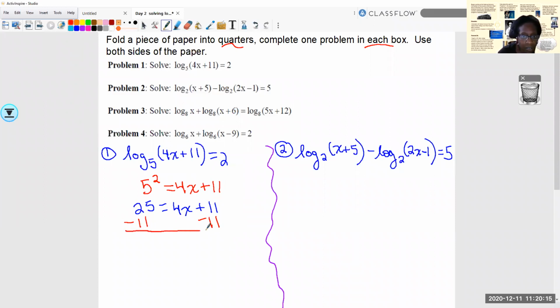Summation line. And 25 minus 11 is 14. Right, it's positive. Now what we do is divide by 4 on both sides.